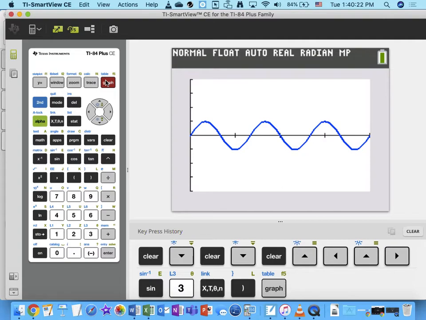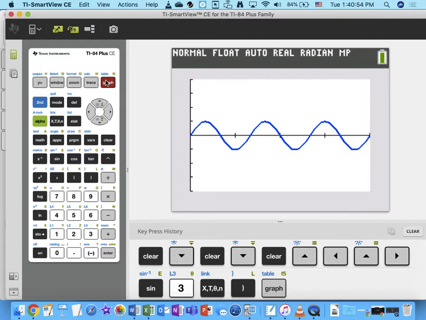Is the period 2 pi? No. Normally we can fit 1 period in 2 pi. How many periods are happening within 2 pi here? Let's count them. Tell me when I get to the end of the period.